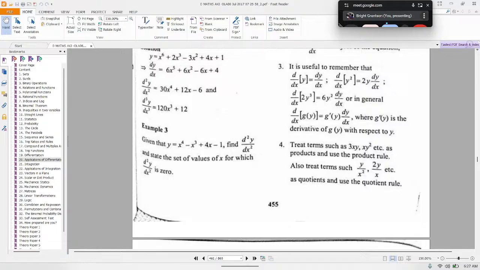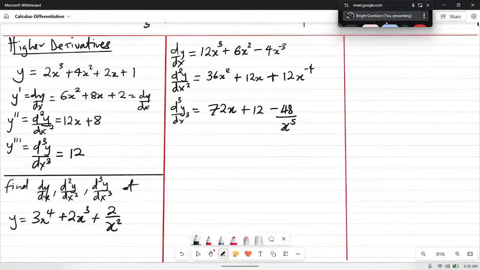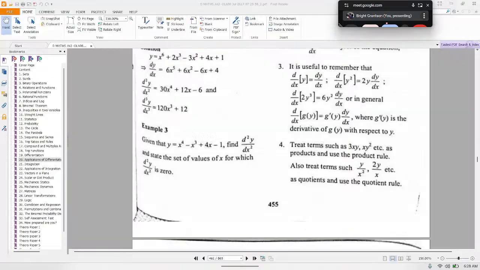Now it says that given this function, find the second derivative and state the values of x for which this second derivative is equal to 0. So there, you come to apply some quadratic elements.